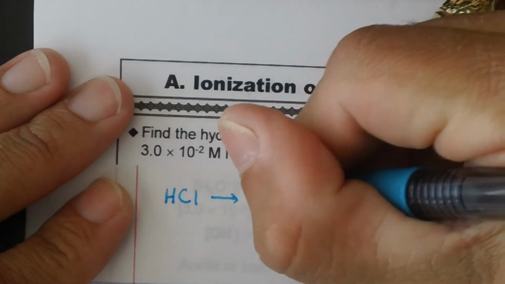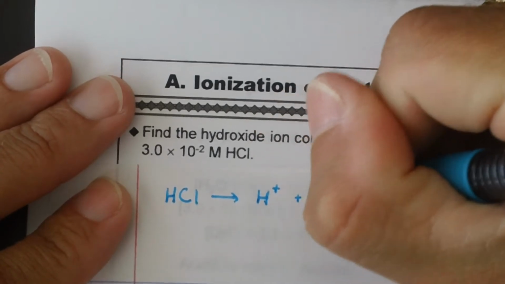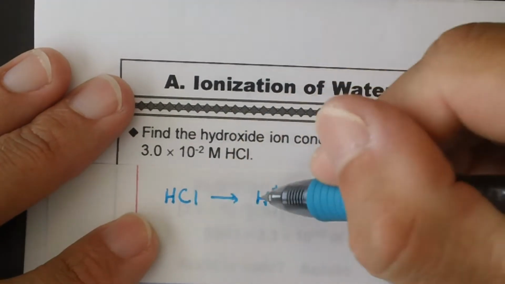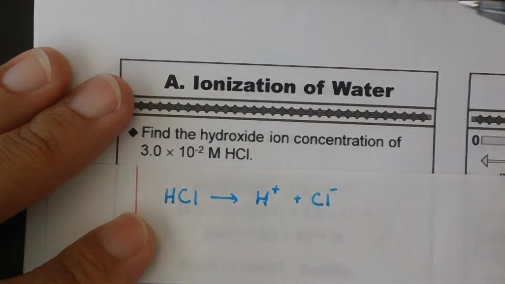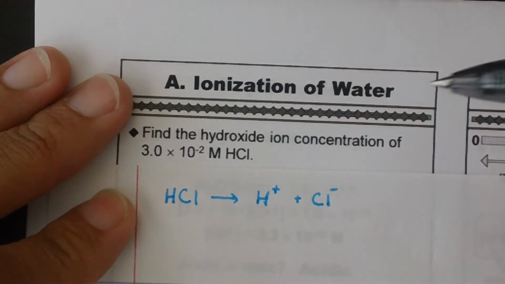So it's going to fully break into hydrogen ions and chloride ions. And so if I have 1 HCl, I get 1 hydrogen ion and 1 chloride ion. If I had 5 HCls, I would get 5 hydrogen ions and 5 chloride ions.